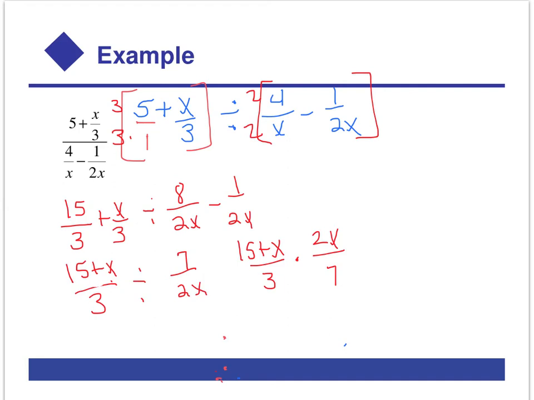All right. So now we're just going to follow the rule of thumbs. So 2x times 15 is going to give me 30x. And then 2x times x is going to give me 2x squared all over 21, because 3 times 7 is 21.